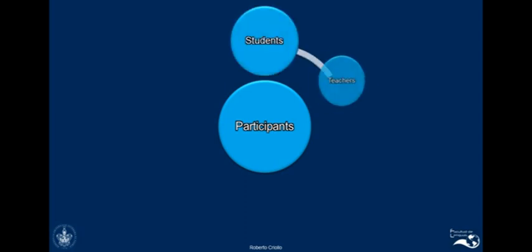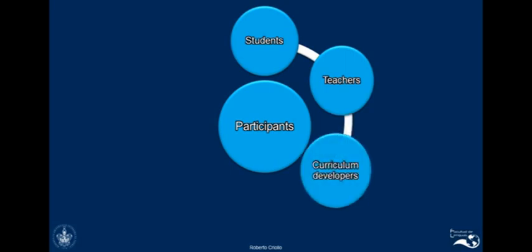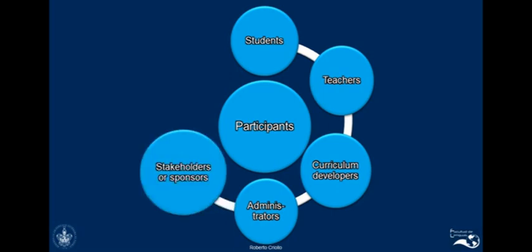Once that we have decided the purpose and the focus of our evaluation, we might want to consider what participants will be involved. Different groups of people may include the students and the teachers, and sometimes curriculum developers who are going to be experts, who will guide us in the process. There could be the administrators also, which will provide important information and will help to organize the logistics of the curriculum evaluation.